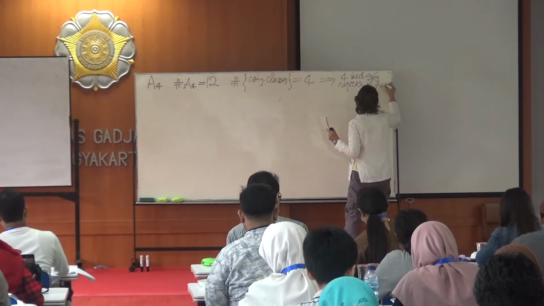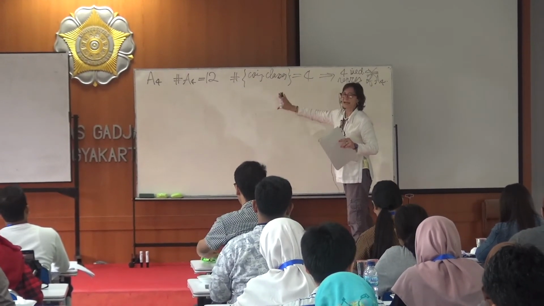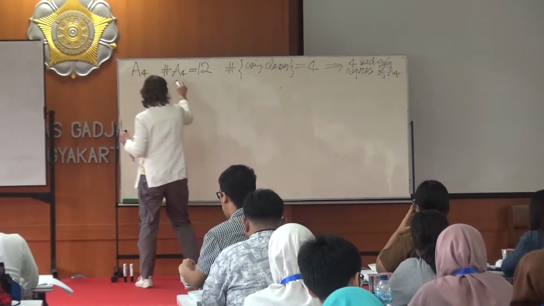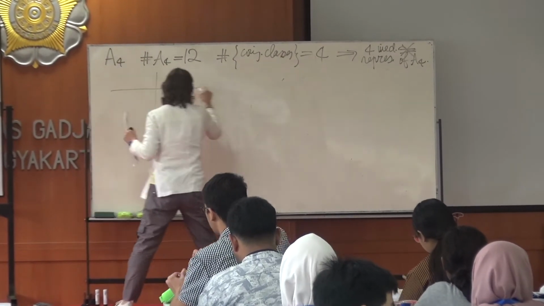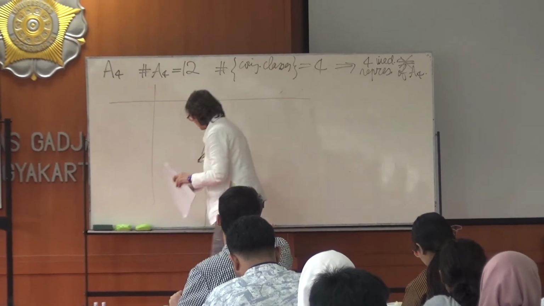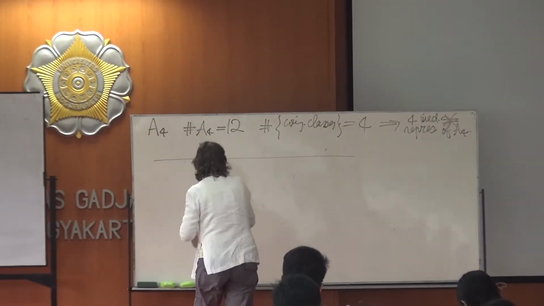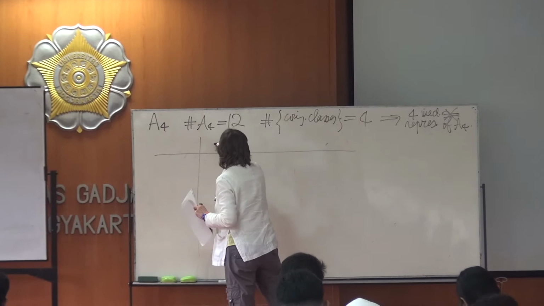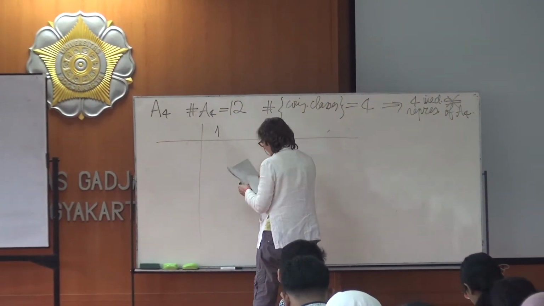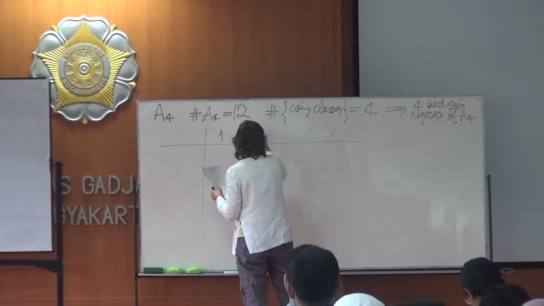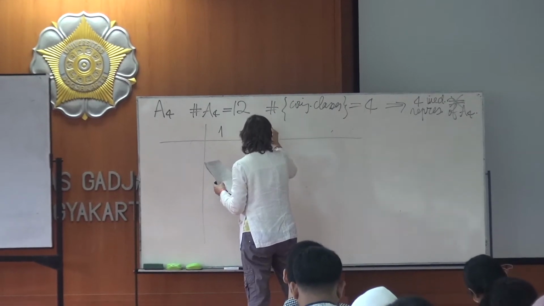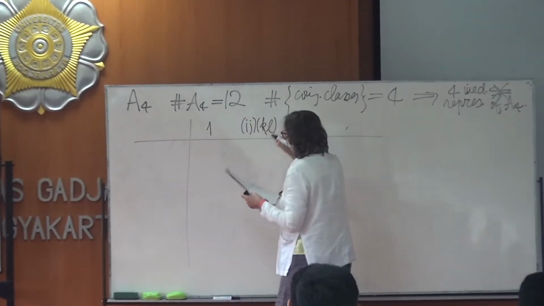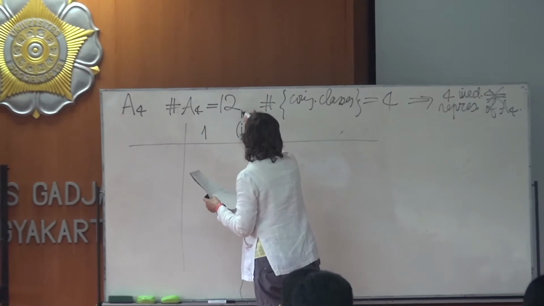So now here I will construct the character table. So we have the identity. Then we have the 2 cycles, and remember, there are 3 of them.